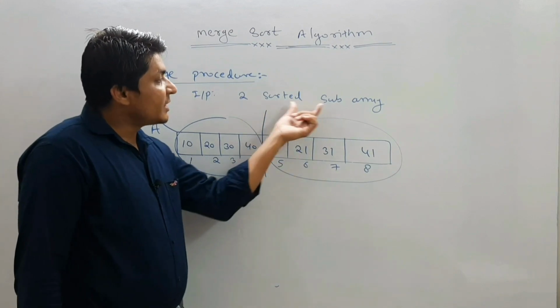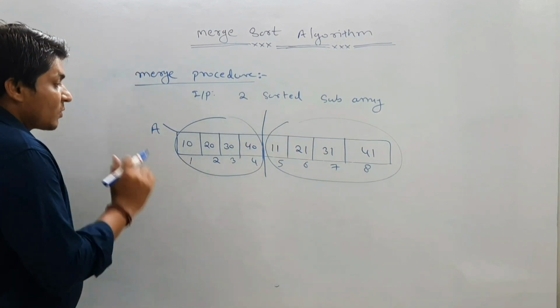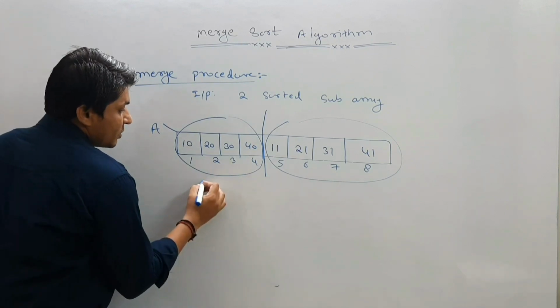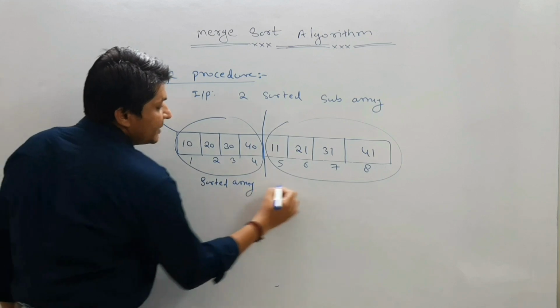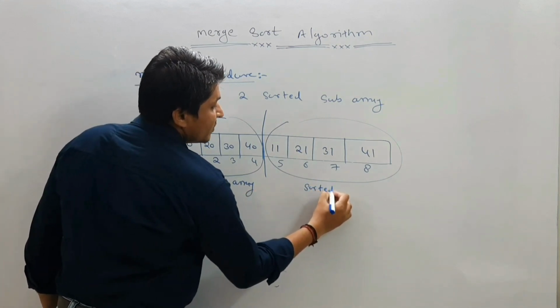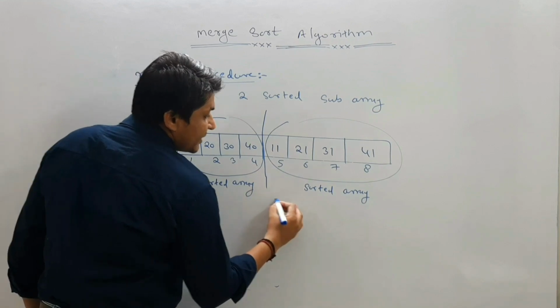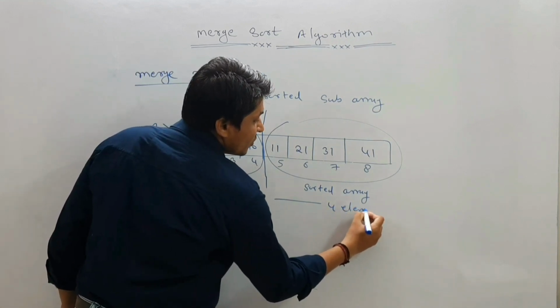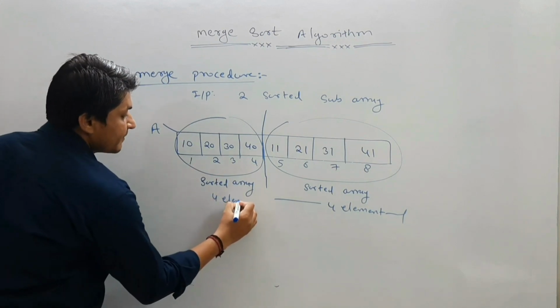Now we must understand how we can merge these two sorted subarrays in one common array. So let's suppose this is a sorted array, and this is another sorted array. How many elements does it contain? It contains 4 elements. It also contains 4 elements.